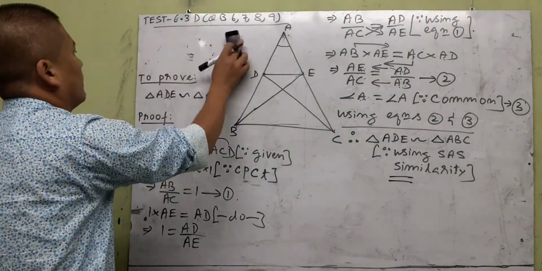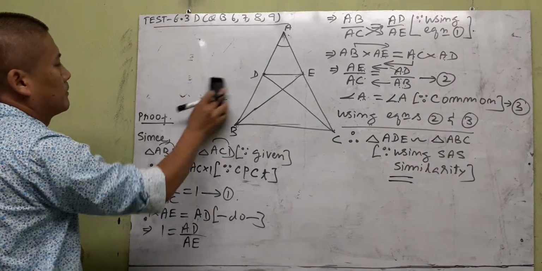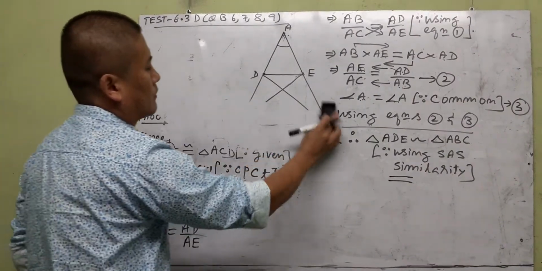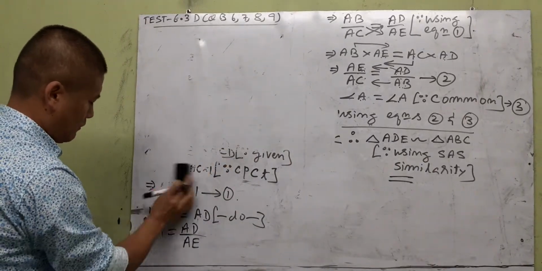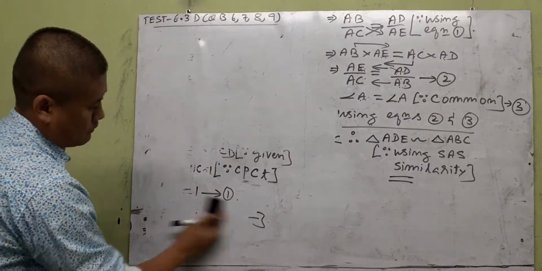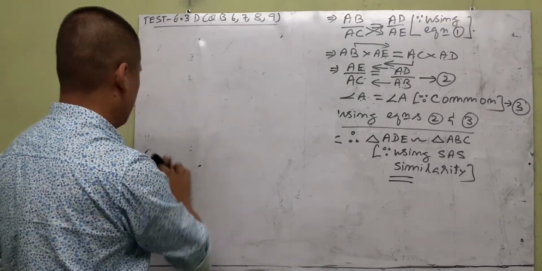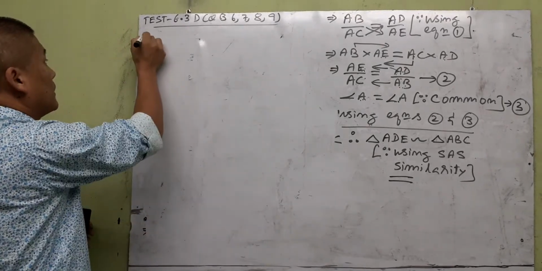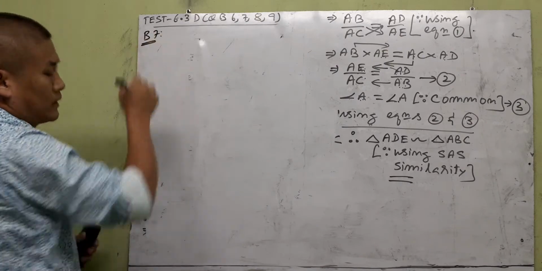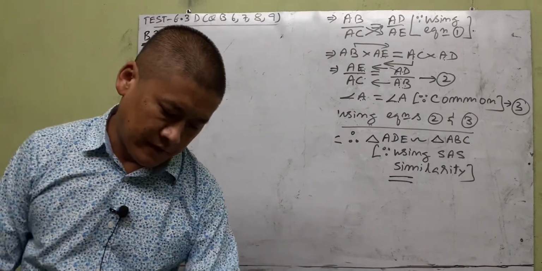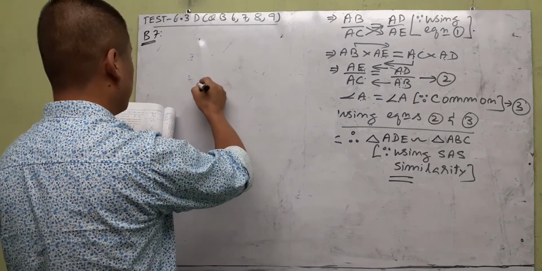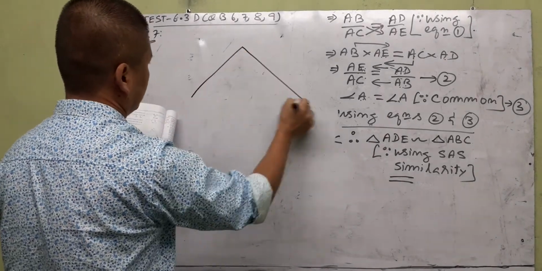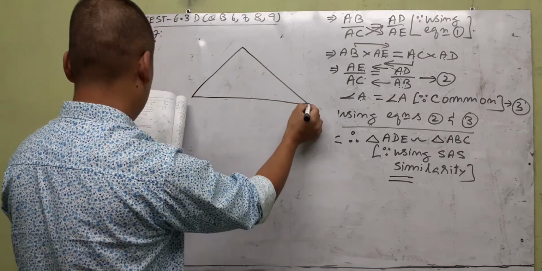Now let's go to B7, the next one. B7, let me read the question for us. In this figure, let's just draw the figure first. Figure is something like this.